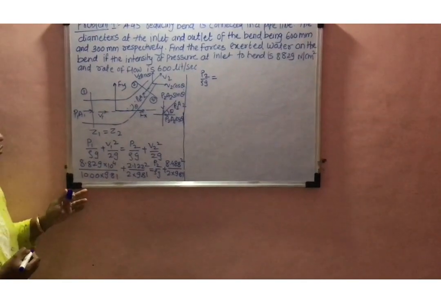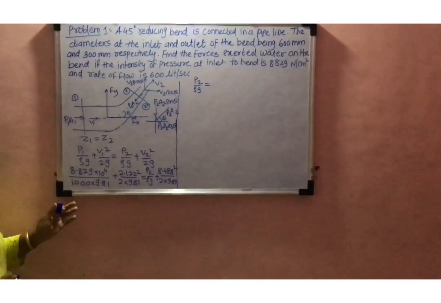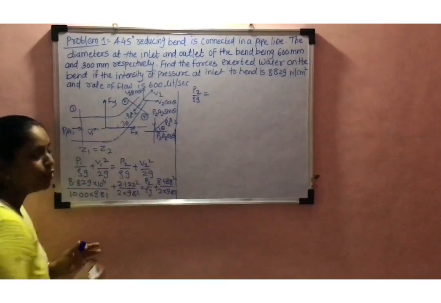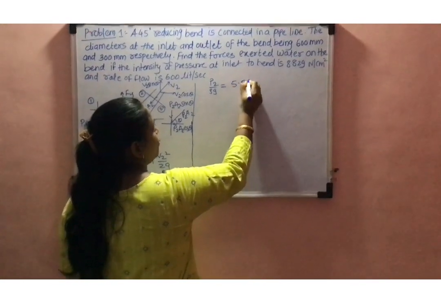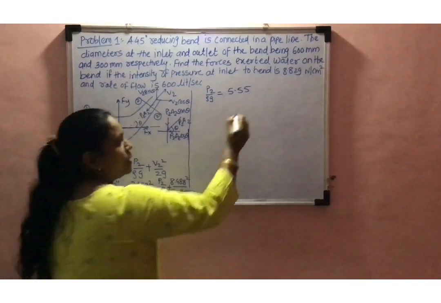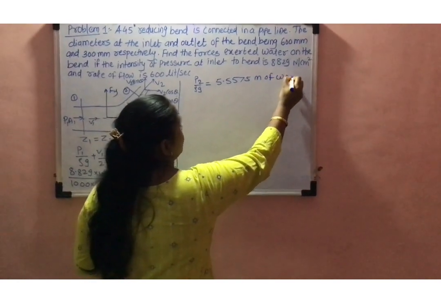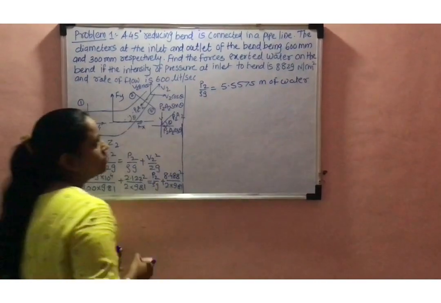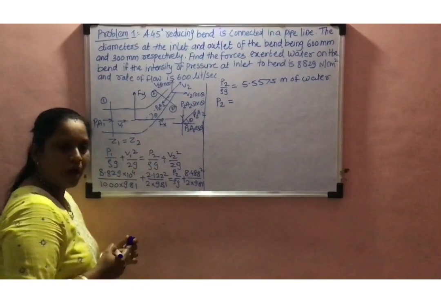After calculating the values, I got P2 upon rho g as 5.5575 meter of water. So now find out P2, that is the pressure at the outlet.